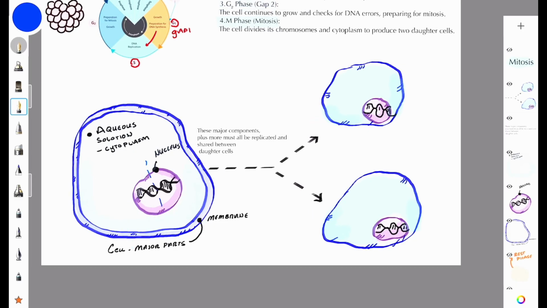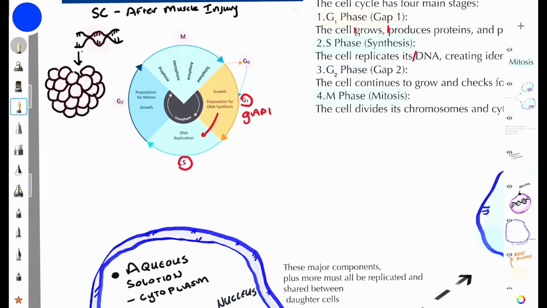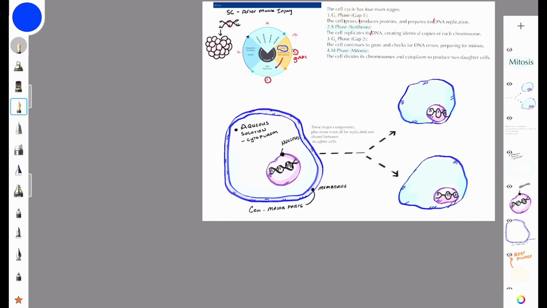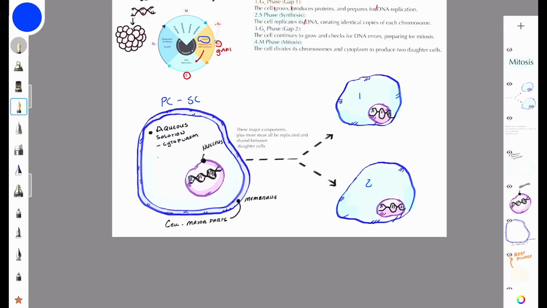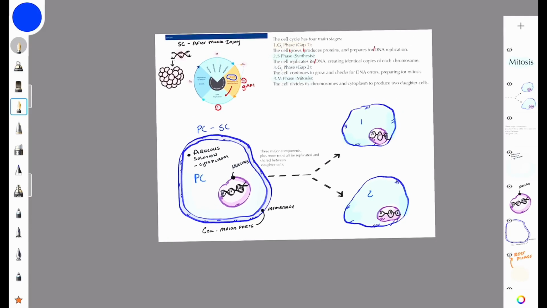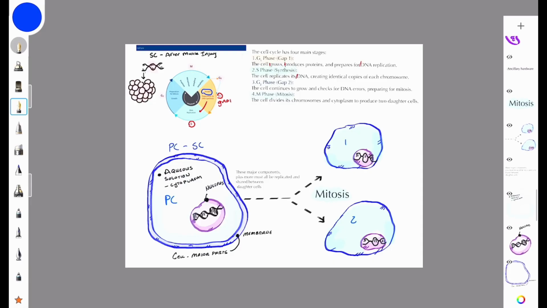So we have to have this G1 phase, or this gap 1 phase right here, so that this mother cell or parent cell, I'm just going to put parent cell, which in this case we're talking about a satellite cell, has to grow, it has to create proteins so that when it splits, both daughter cells have everything that was in this parent cell. So we call this mitosis. This is part of the cell cycle.